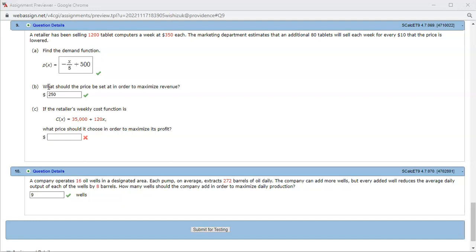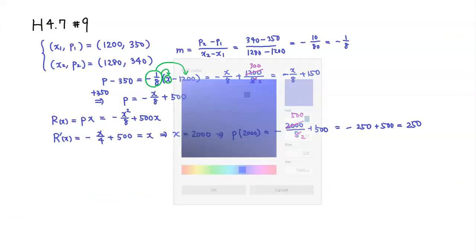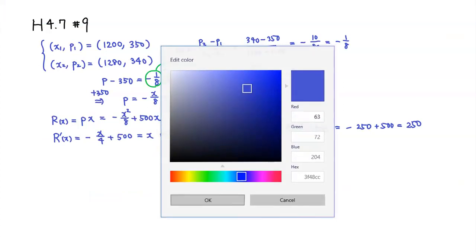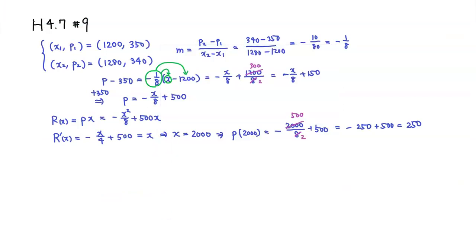So part C, we want to maximize the profit given that the cost function is given here. So let's do that. Profit is going to be the revenue function minus the cost function.